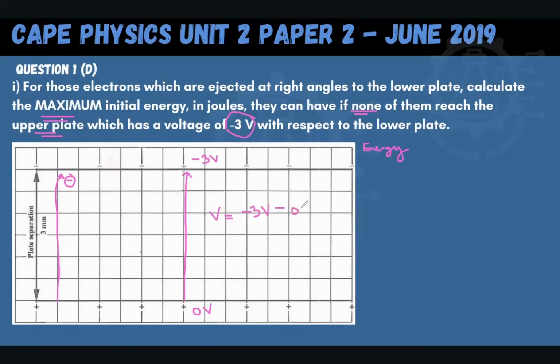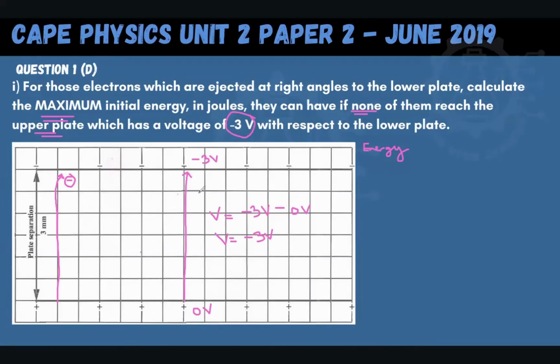So that would be 0 volts. And so then the potential difference between these two plates, V, will be -3 minus the initial. So we can just say -3, right? So that is our voltage difference there, our potential difference.